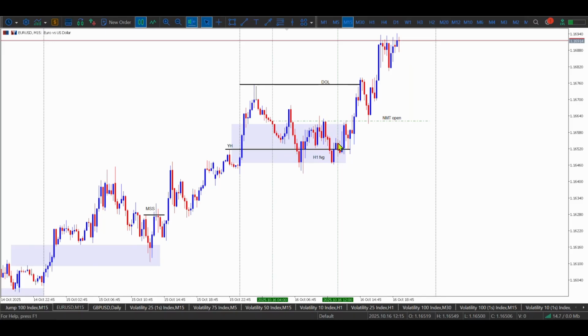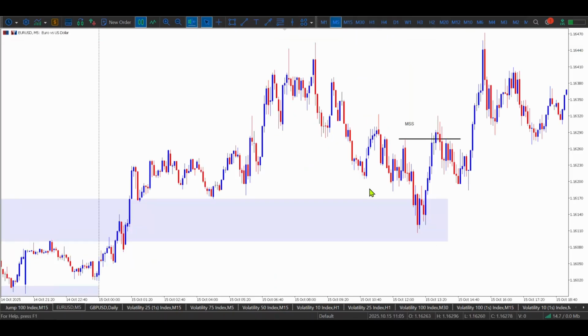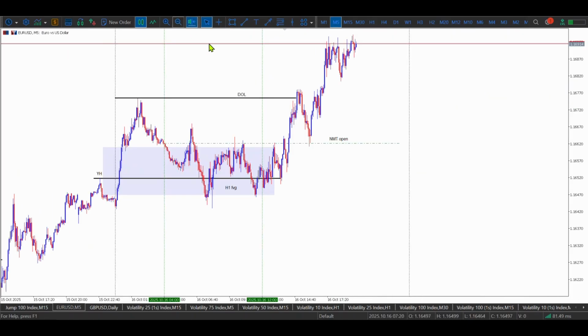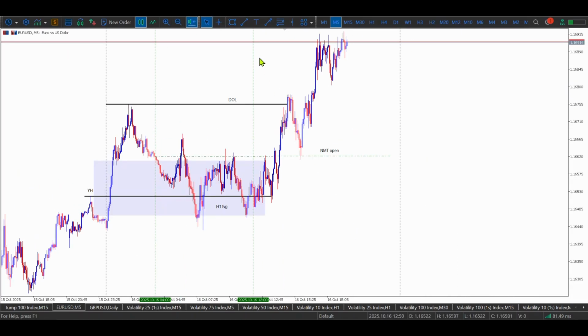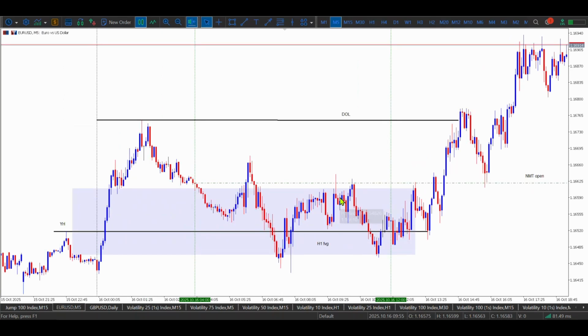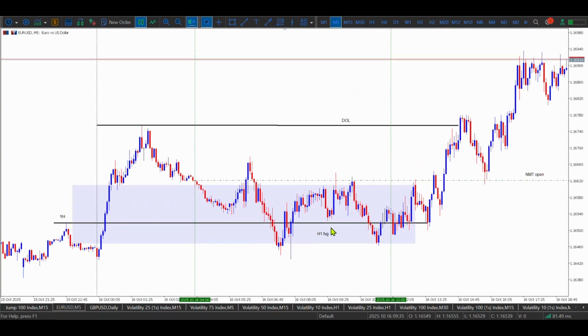Let's switch to 5-minute time frame and see if there is a nice setup here, because this is now on H1. Remember, so H1 time frame can give us something clean because we have H1 fair value gap. Let's see what transpired here. We hit it.